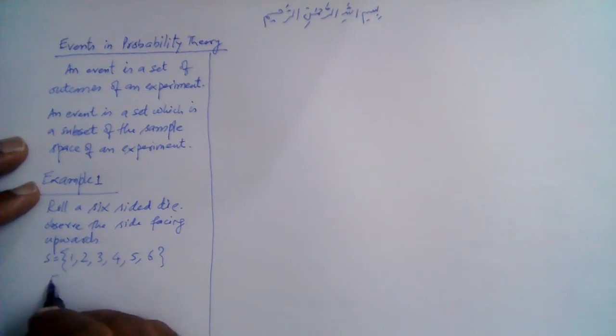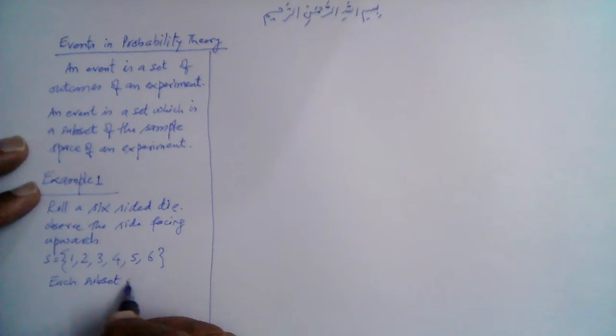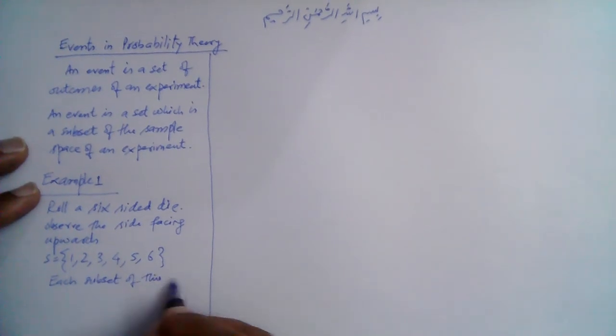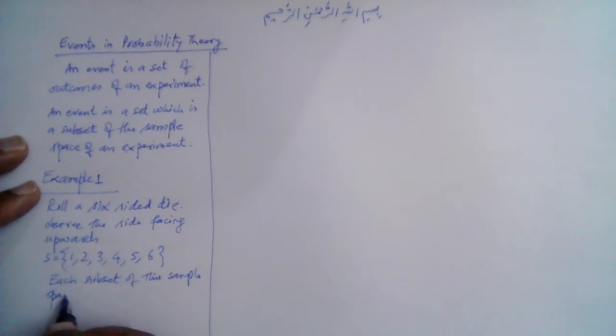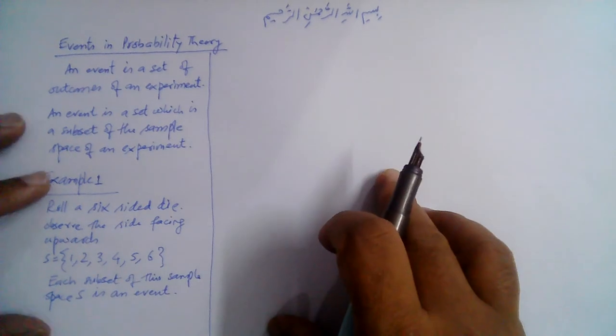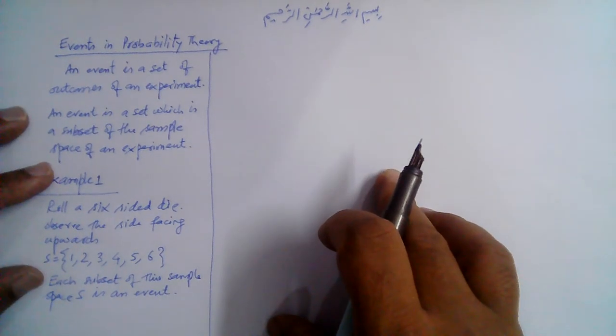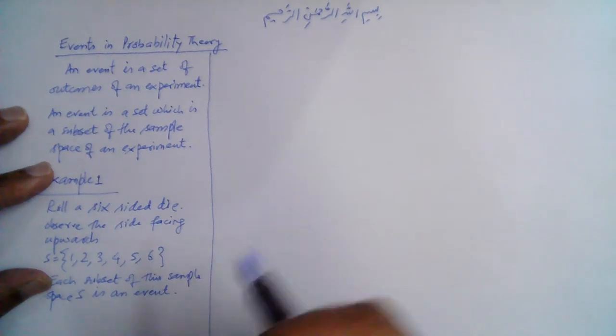So each subset of this sample space S is an event, right? And the events of our interest may be only a few of all those possible events.